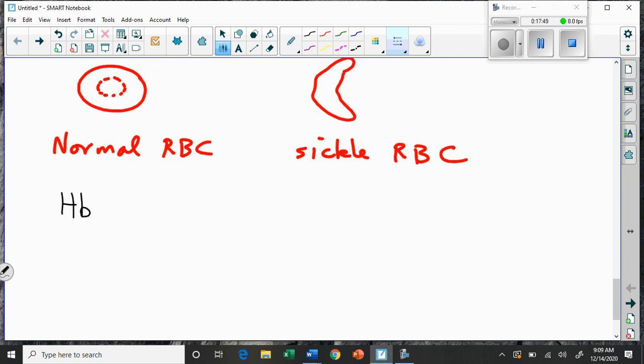And then we have the normal situation, which is considered to be an S. Oh, wait, no, that's a sickle. Sorry, normal wouldn't be an S. That doesn't make sense. Normal would be, we'll call it A. A for normal. And then this one would be Hb, and it would be S for sickle cell.